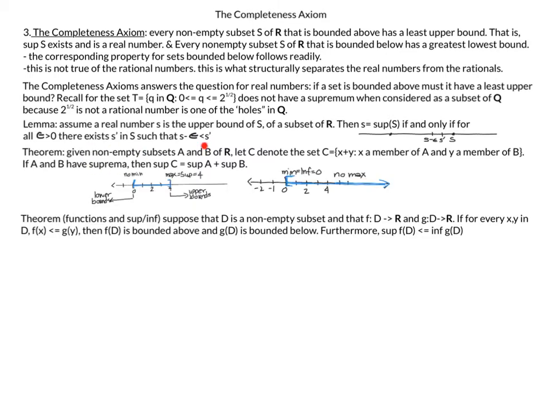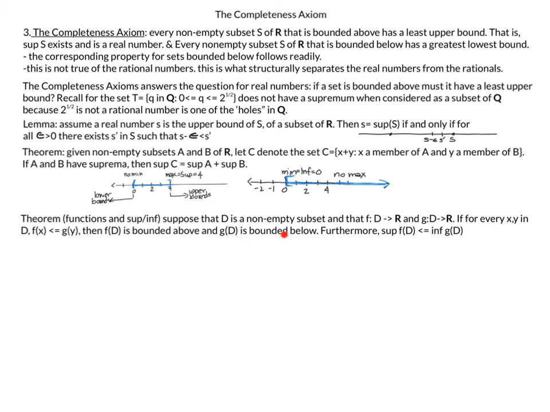The theorem we just proved is up here along with our two little example pictures, and I have a theorem that talks about functions and sup and inf. So suppose D is a non-empty subset and that f goes from D to R and g also goes from D to R. Then if for every element x, y in D, f of x is less than or equal to g of y, then f of D is bounded above, since g of y is larger than every f of x.